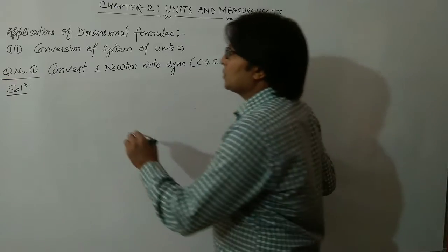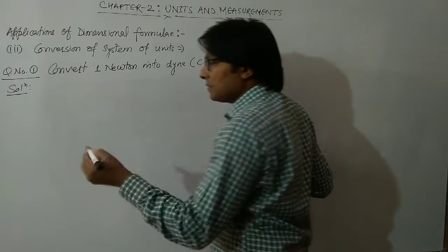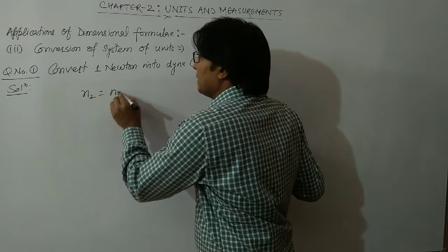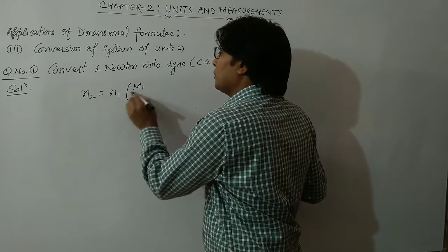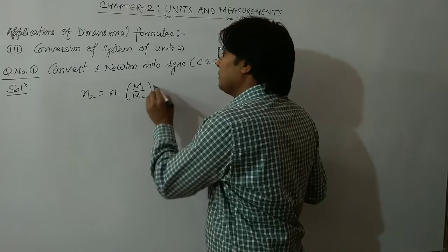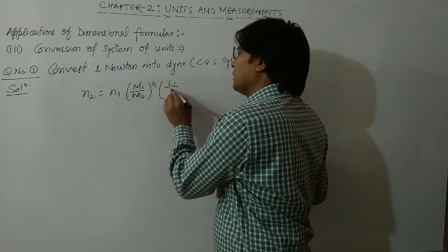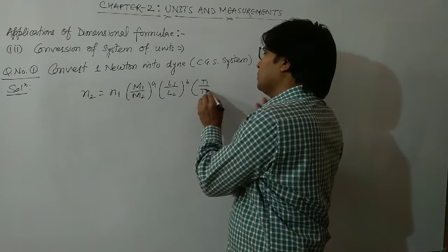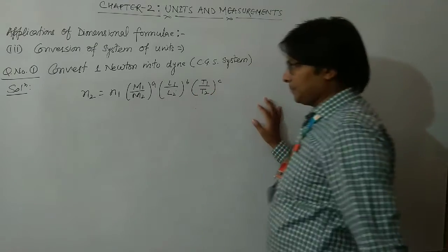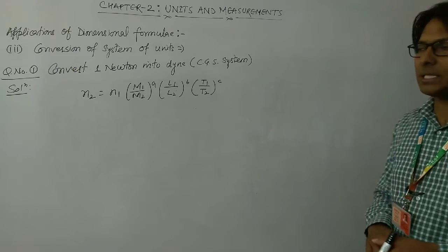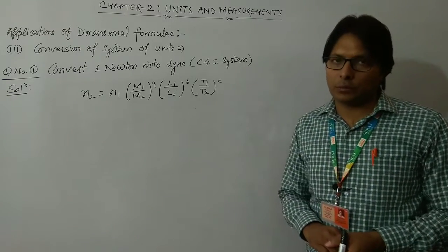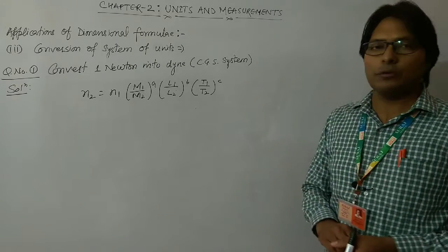Okay, so what is the formula we have derived? N2 is equal to N1 (M1/M2)^A (L1/L2)^B (T1/T2)^C. What are A, B, C? These are the dimensions of the physical quantity which we want to convert.